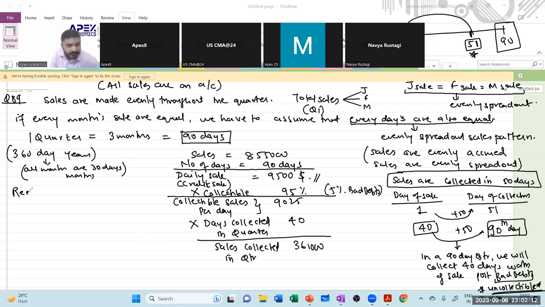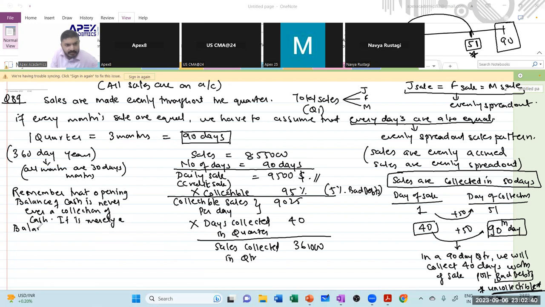Remember that opening balance of cash is never ever a collection of cash. It is merely a balance that is maintained.